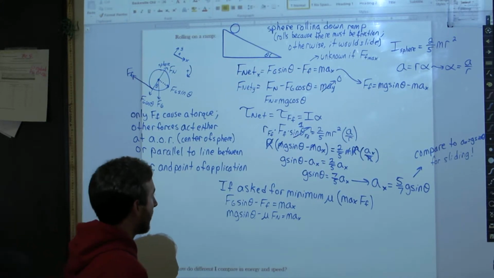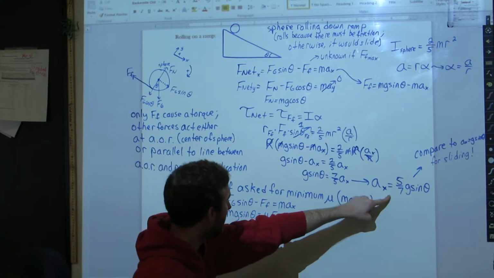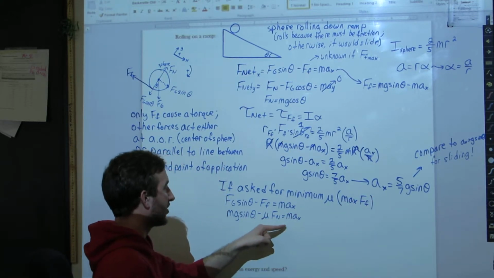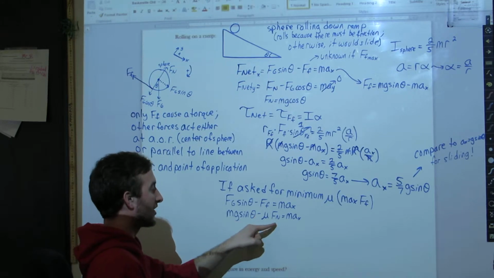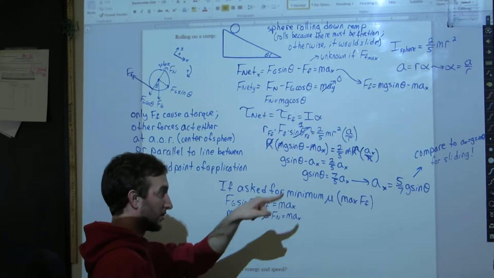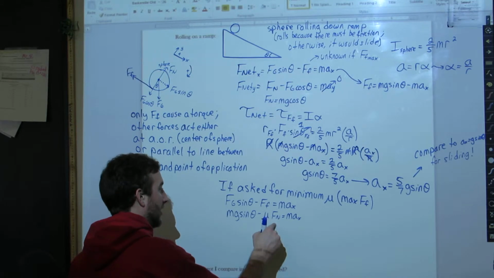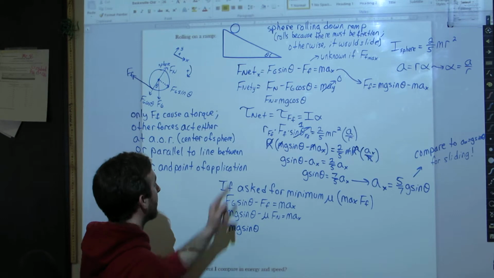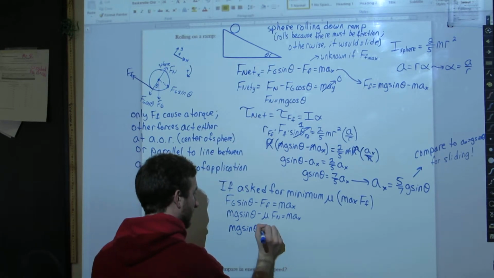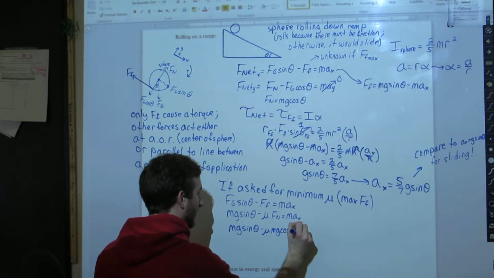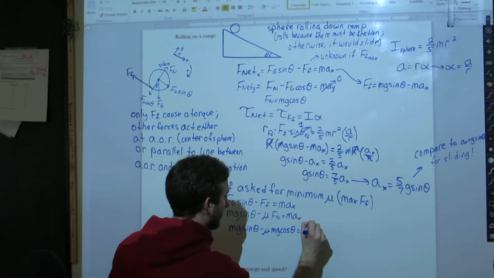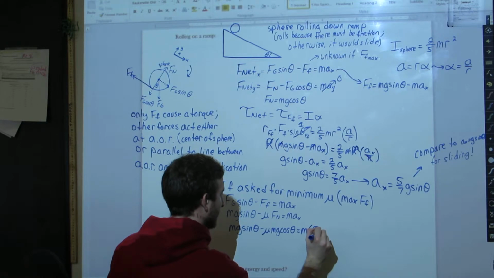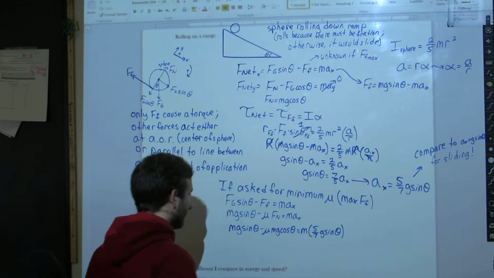So here's the acceleration. If this acceleration happens to cause the maximum possible force of static friction, I can plug the 5/7 g sine theta in here. I also know the normal force. I found it up here: mg cosine theta. So mg sine theta minus mu mg cosine theta equals m times 5/7 g sine theta.